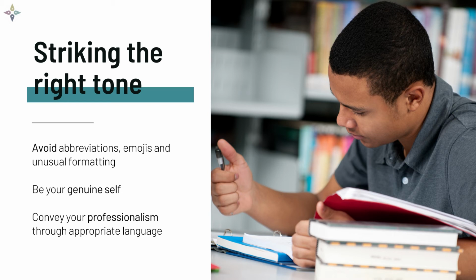Your genuine interest in the programme and passion for public service should come across in your writing. This is why it's important to think carefully about your motivations for applying before getting started. Your use of language is key to conveying your professionalism. It's important to ensure you do not come across as flippant, sarcastic, or too conversational and casual.